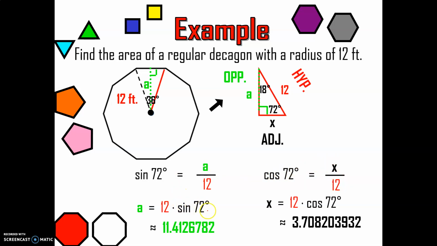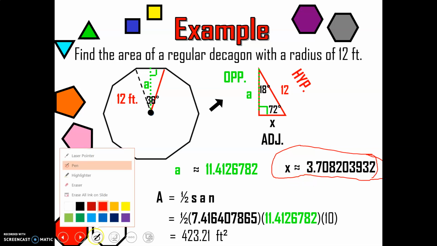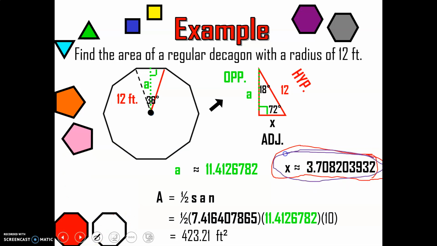If all your calculations are done correctly, you should end up with an apothem of 11.4126782, and an x value, which is half the side, of about 3.708. Again, we are going to double this side length, because this value is only half of the side.